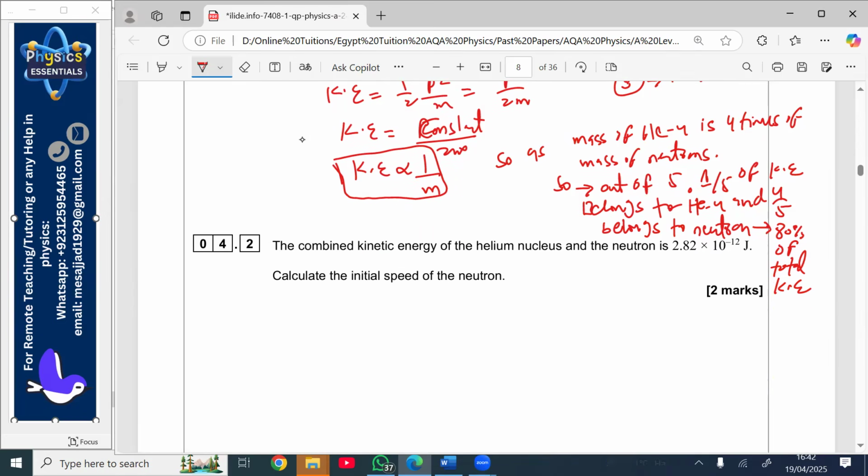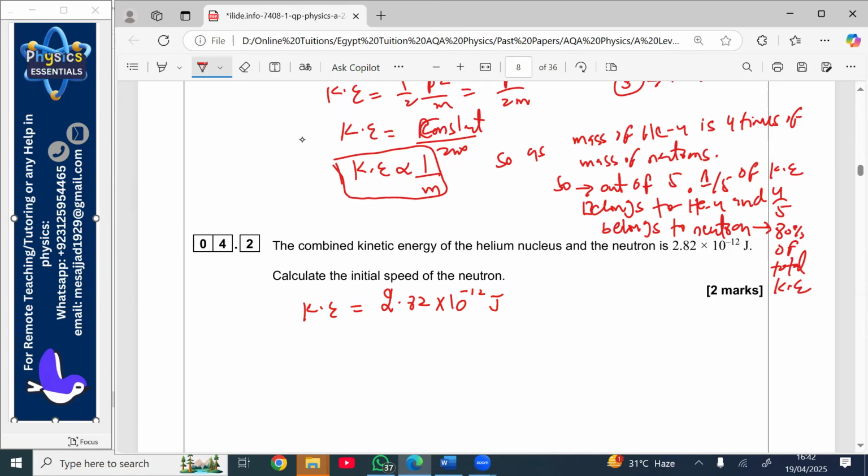Okay, the combined kinetic energy of helium nucleus and the neutron is 2.82 times 10 to the power minus 12. Calculate the initial speed of neutron. Okay, so for this question we will just write kinetic energy equals 2.82 into 10 raised to the power minus 12 joules.